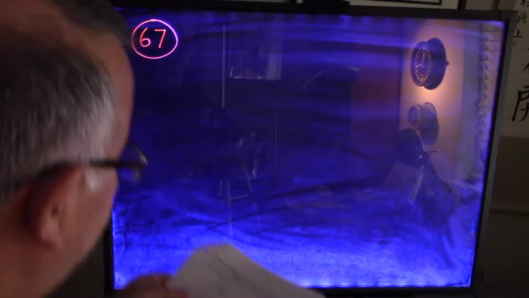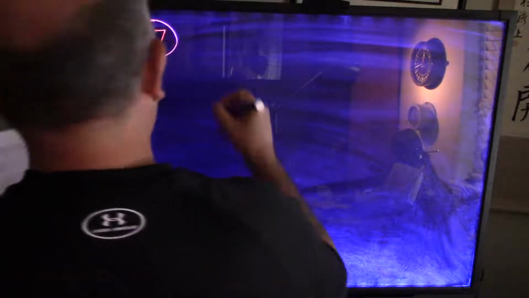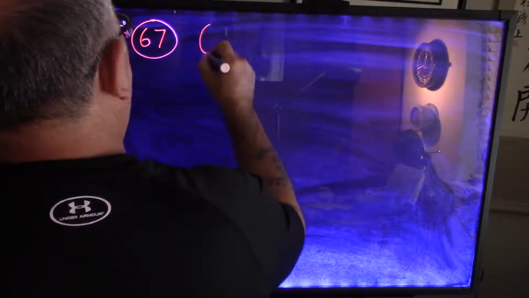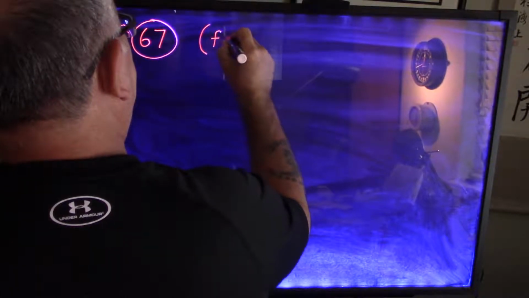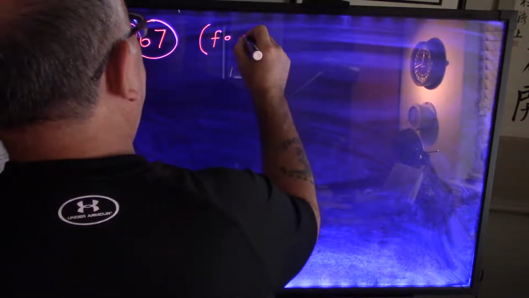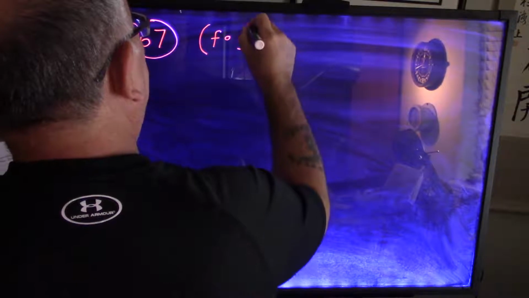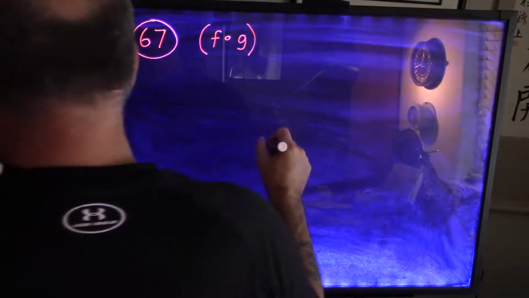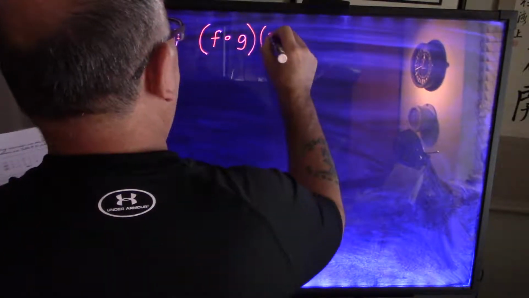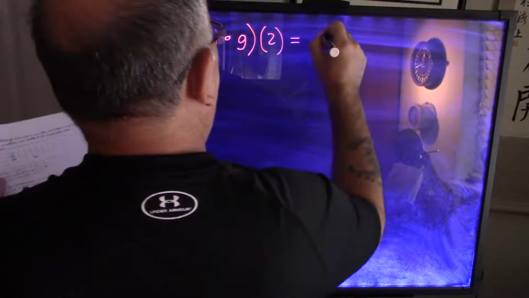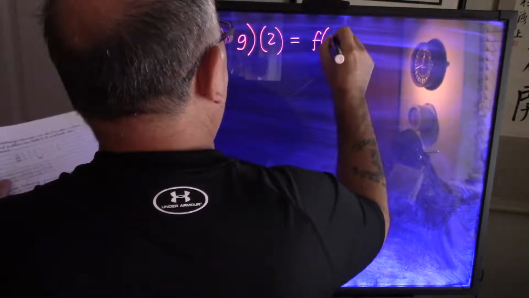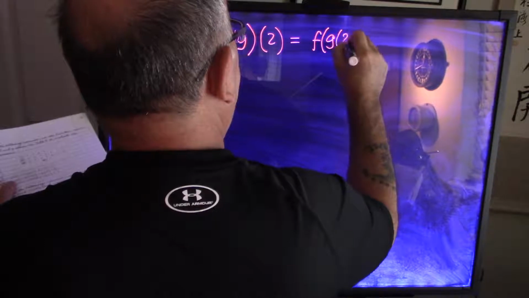Okay, so 67 is f composed with g of 2. So the little difference here is they're using function composition notation here, f composed with g with the little open circle there of 2. So it's just f of g of 2, that's all it is.